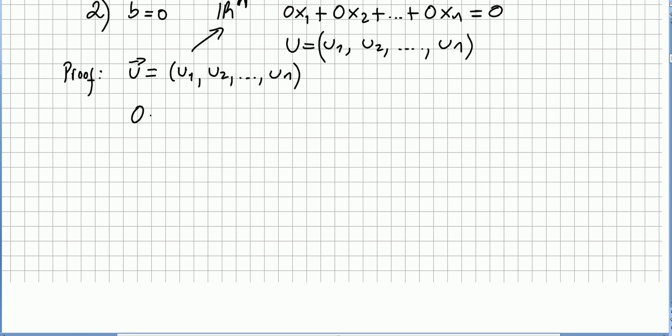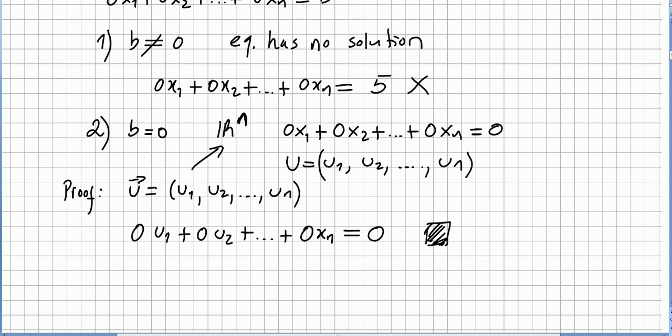So that will be 0 times u1 plus 0 times u2 plus 0 times xn, and that will be 0. Whatever the vector is, it will be a solution for the equation. So that concludes the proof. And this is the proof for 2, right?